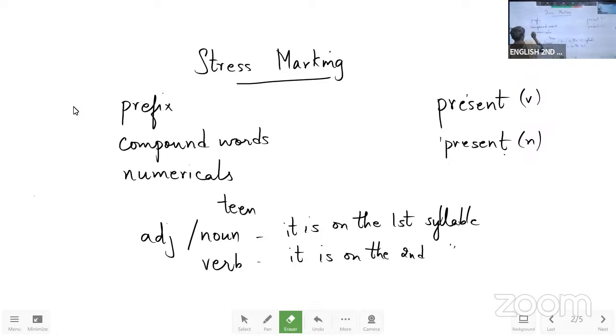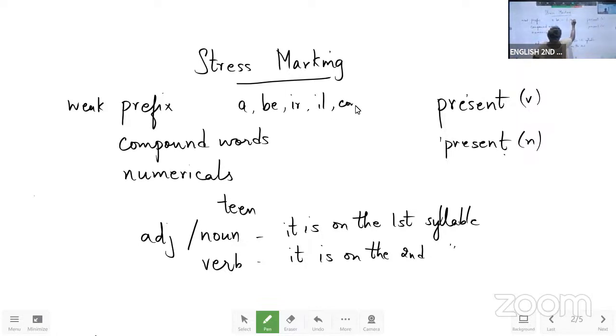I've given you weak prefixes like A, B, E, I, R, I, L, C, O, N, D, I, S. All these are weak prefixes. It's never on a weak prefix, but on the root word.